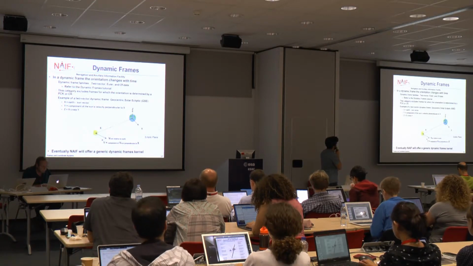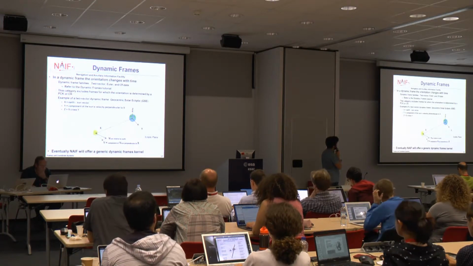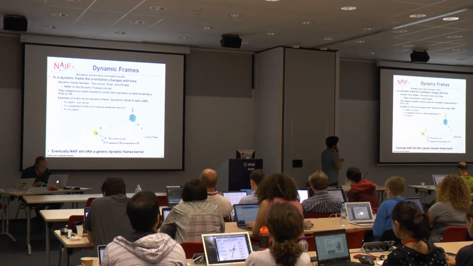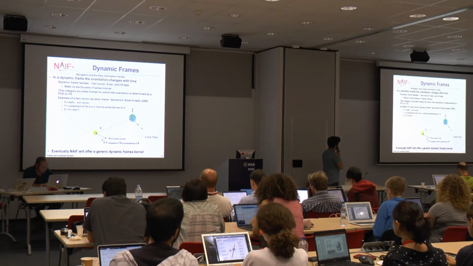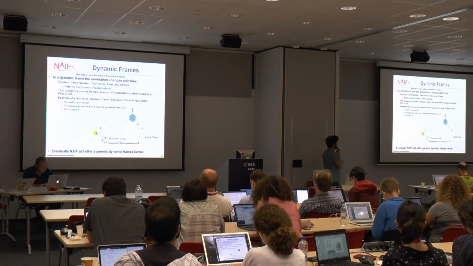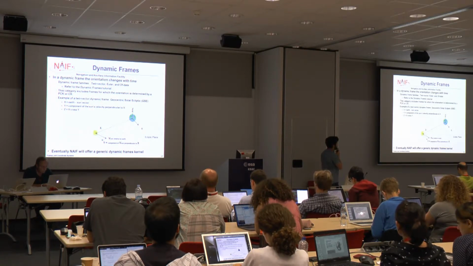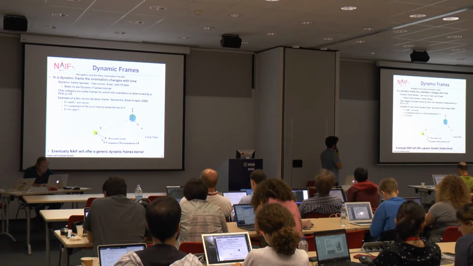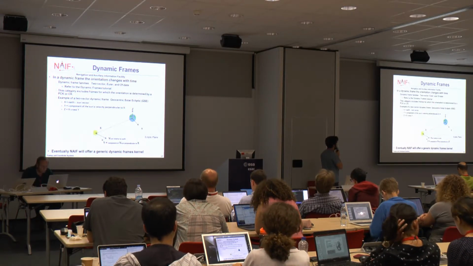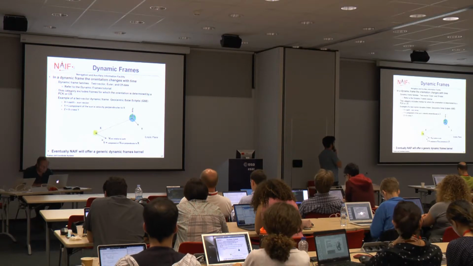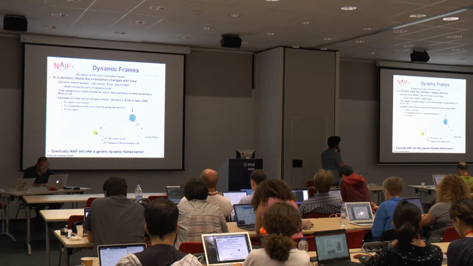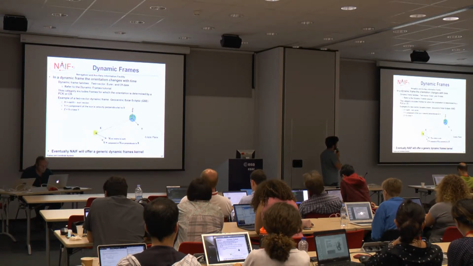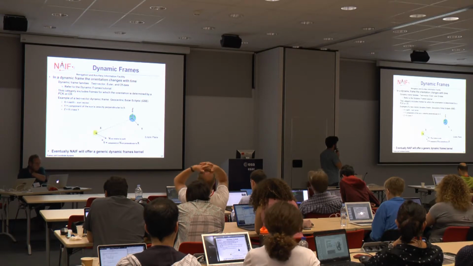Dynamic frames. So the idea here is that for a dynamic frame, the orientation changes with time. So there's several ways to define it, and I just referred to this tutorial on Friday. Again, this excludes frames whose orientation changes with time but is determined by a PCK or a CK. And an example could be what is depicted here. So this is geocentric solar ecliptic, whose x-axis is defined by the Sun-Earth vector.